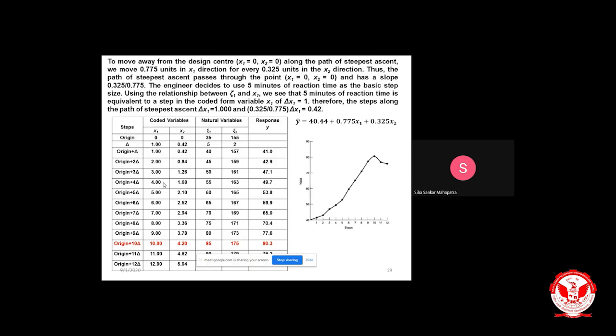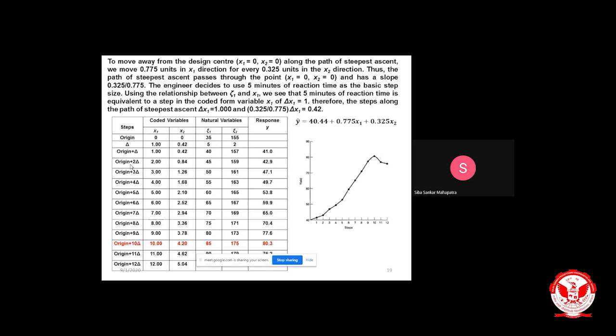In natural variable terms, for the reaction time, if you move 5 minutes, take that as one in the coded variable in the x1 direction.